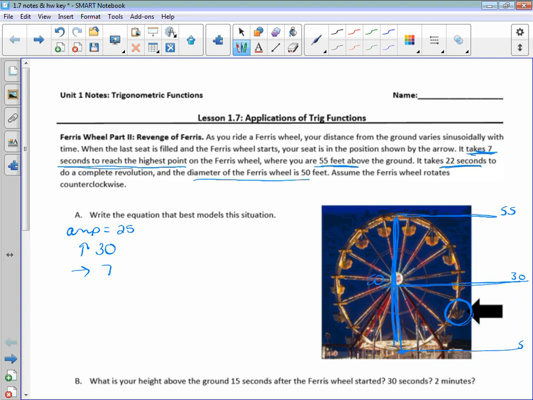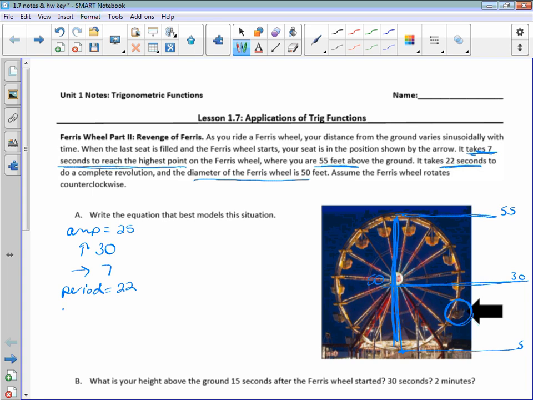What's the piece we're missing? Period. Did they tell us anything about how long it takes to do one full cycle around? 22 seconds. So you know the period equals 22 seconds. But that's not what we're going to put in our equation.